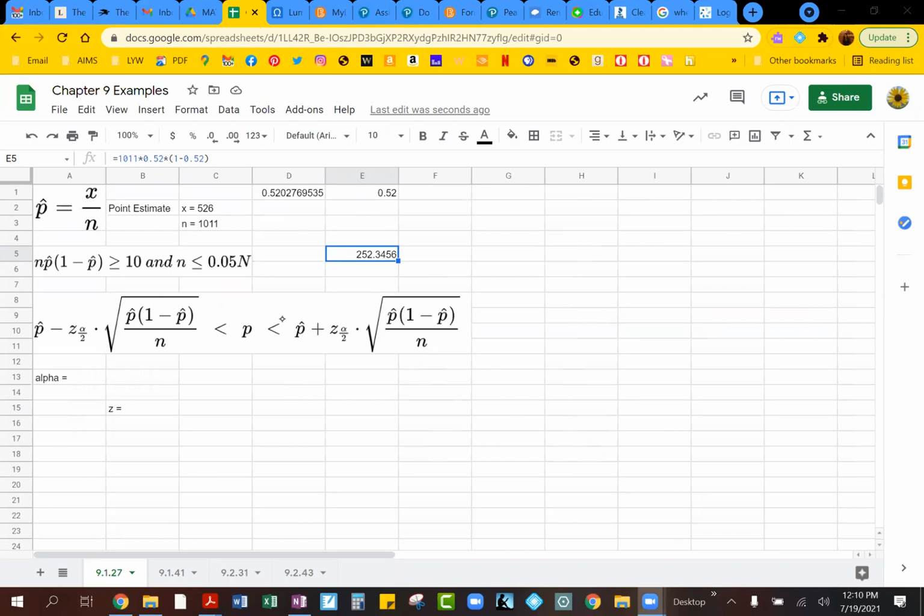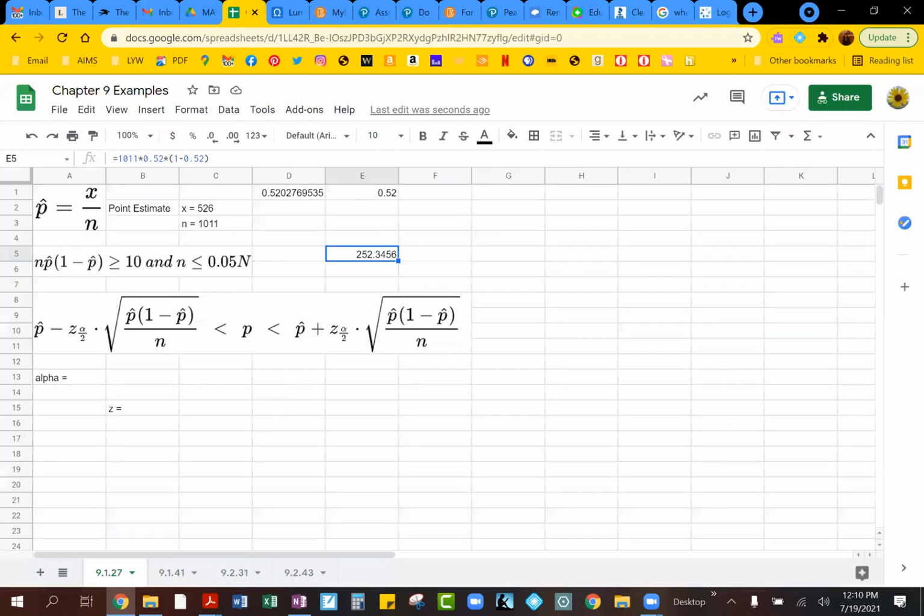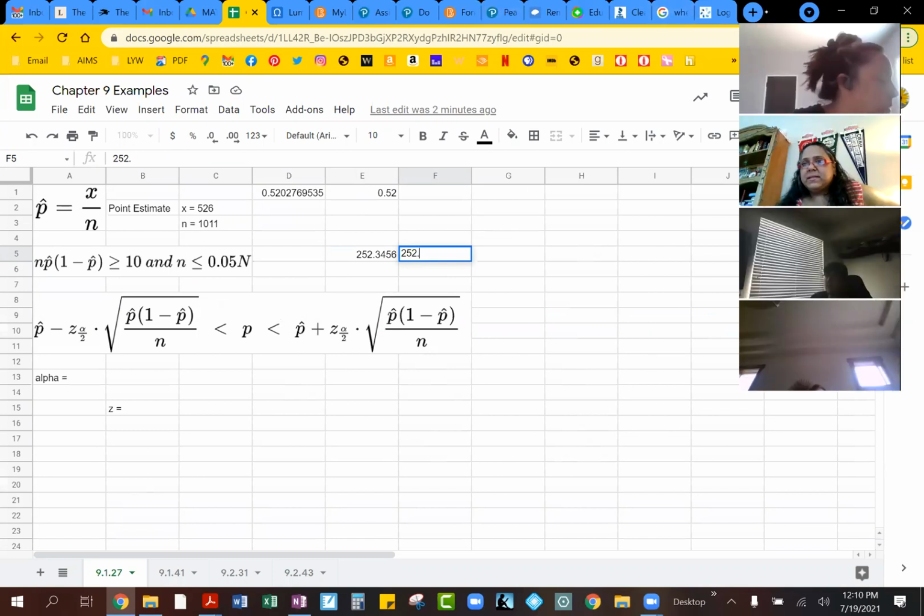252.3456. Do we have a rounding instruction here? Yeah, they're telling us 3 decimal places again. So 3 decimal places would put this at, of course, you've got the 252, and then what happens after the decimal? So when you round it to 3 decimal places, what should we get for this?